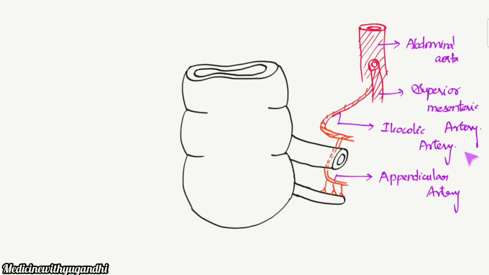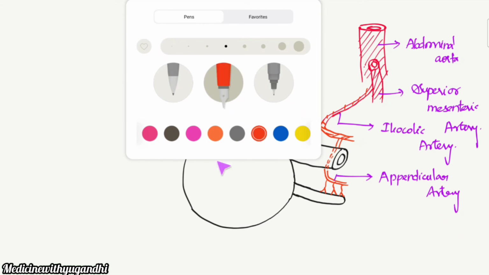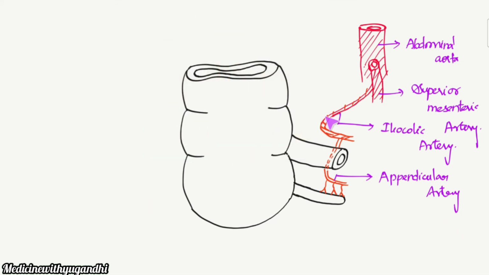Actually, this ileocolic artery gives another branch called the anterior cecal artery for the anterior surface of the cecum and the posterior cecal artery for the posterior surface of the cecum. It also passes behind the ileum and reaches the posterior surface of the cecum.